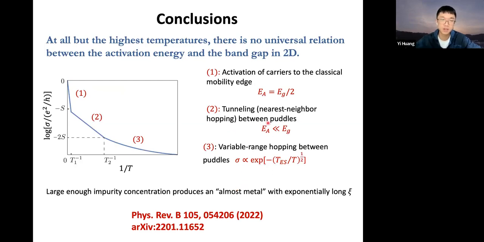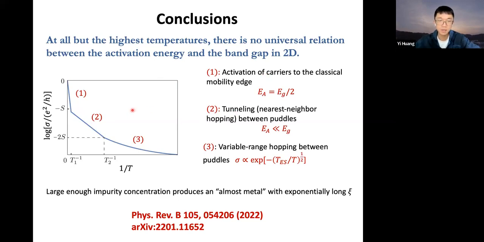So to conclude, our model predicts 3 distinct regimes of conductivity, and only in the highest temperature regime we see that the activation energy is related to the distance between classical mobility edges, which is what every experimentalist thinks of in doing experiments.